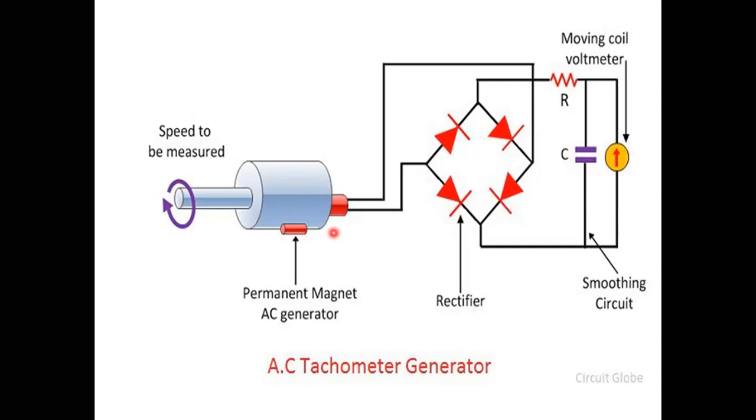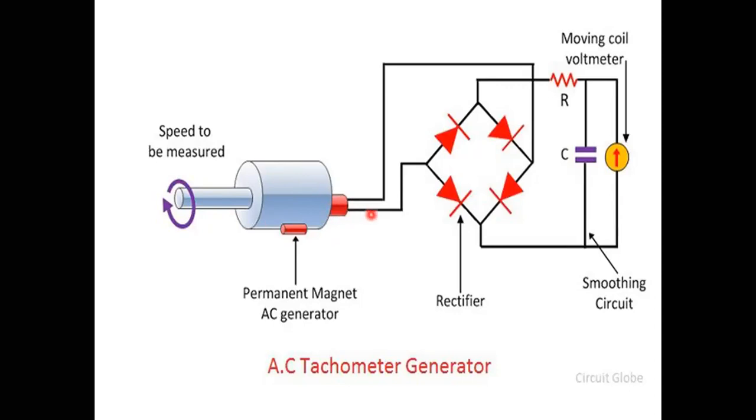Here I want to measure speed. So this is a moving shaft which is moving in a field of permanent magnet. So here the magnetic flux lines are being cut by this conductor so that I will get output.